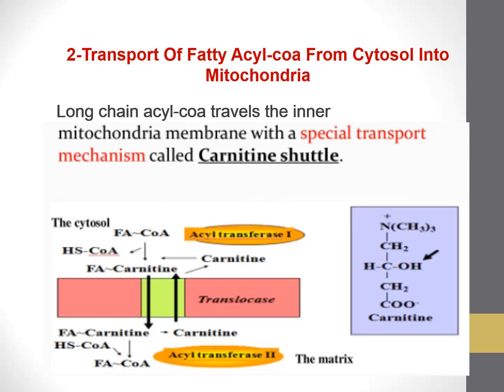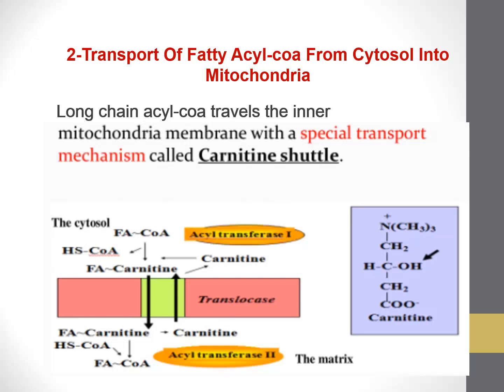Long-chain acyl-CoA travels across the inner mitochondrial membrane with a special transport mechanism called the carnitine shuttle. Only with a special transport mechanism will the acyl-CoA enter into the mitochondria. This is the sequence of reactions that takes place.